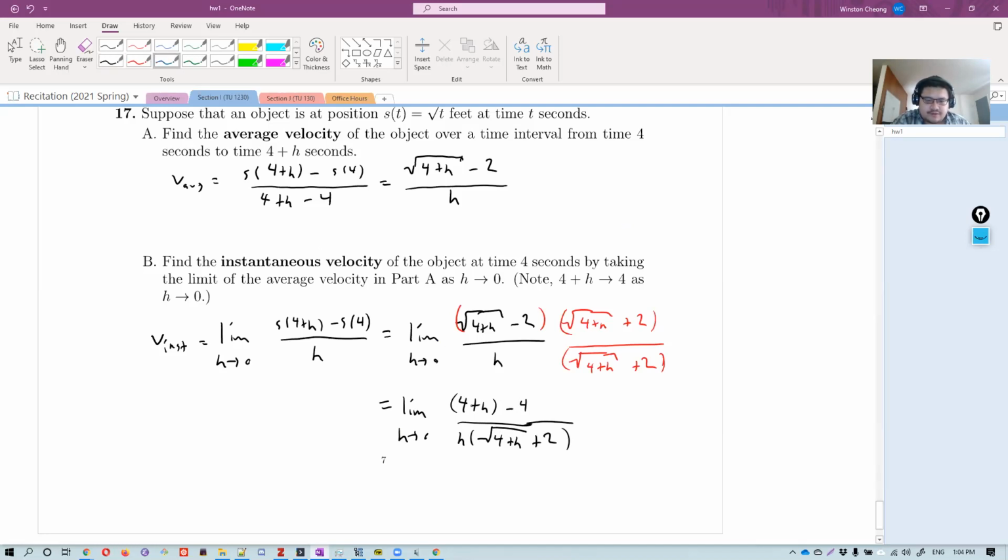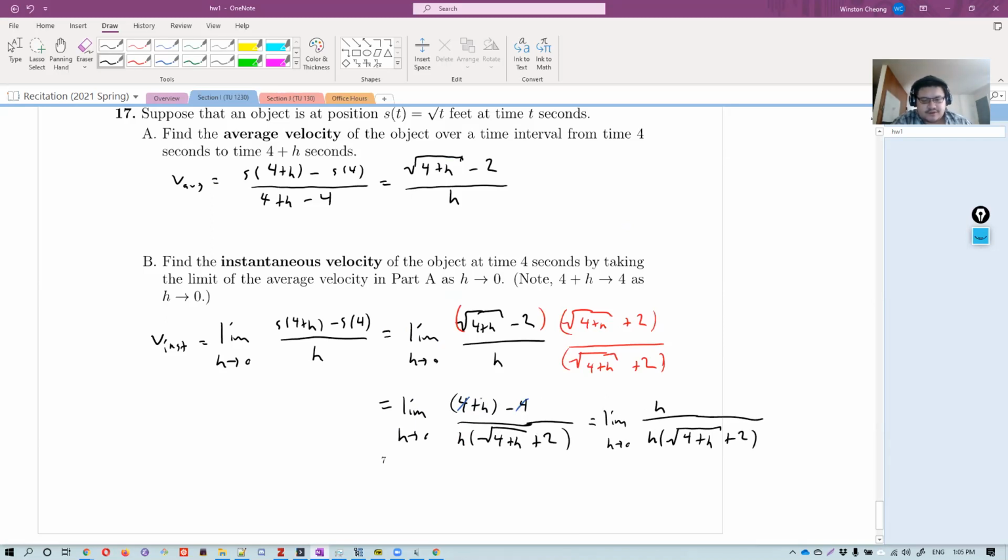So first of all, the minus 4 and plus 4 will cancel. And then the next thing is you get the h and the division by h to cancel. I'm going to write this over, but normally I would just do both cancellations mentally. It's just that I think some people mess it up if they try to do both cancellations at the same time.